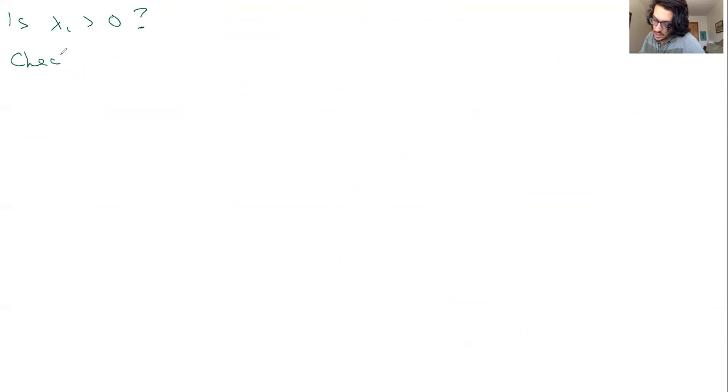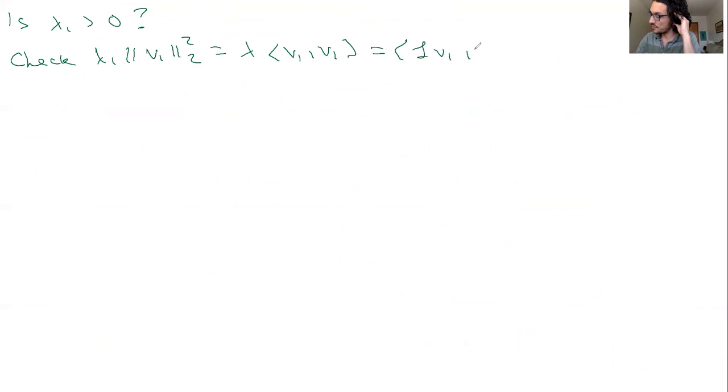So if we check lambda 1, the norm squared of v1 times lambda equals the inner product L v1, v1.